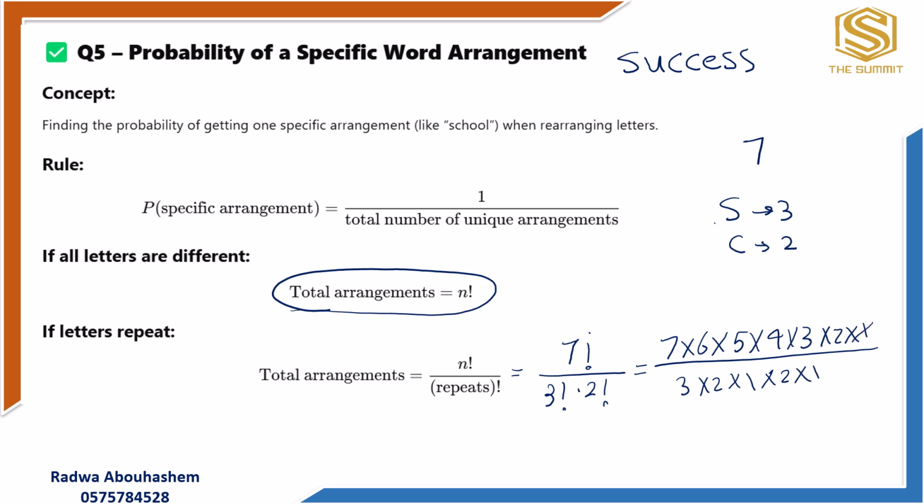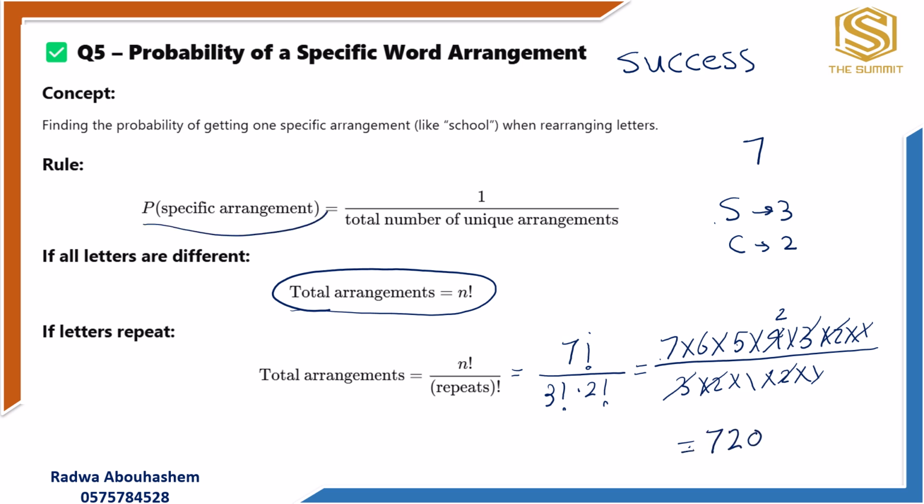Let me simplify here. And 4 divided by 2 gives me 2. So 7 times 6 times 5 times 2. Okay, 6 times 5 is 30, 30 times 2 is 60, 60 times 7 is 420. So this is equal to 420.